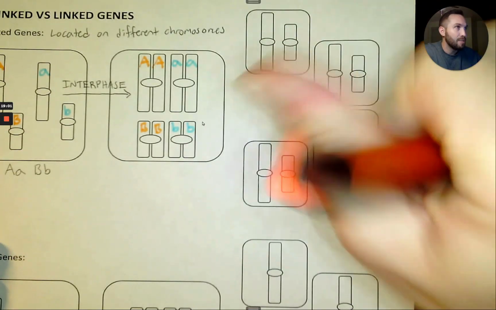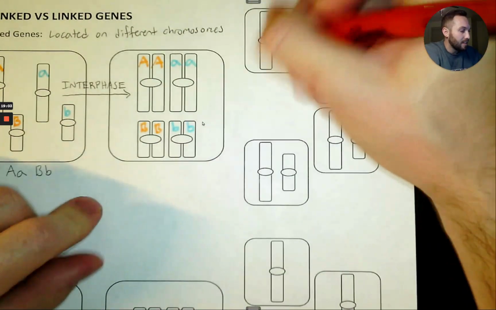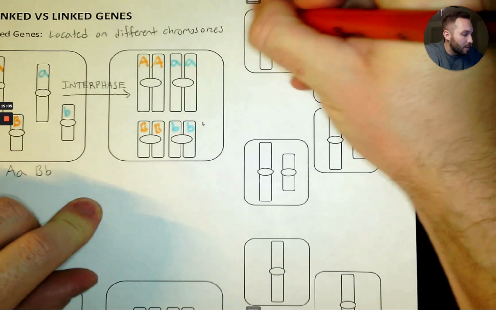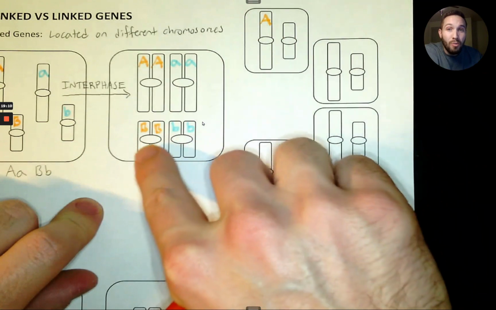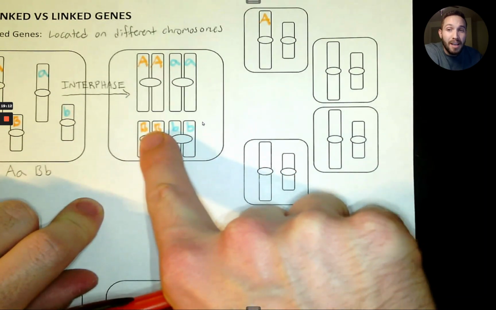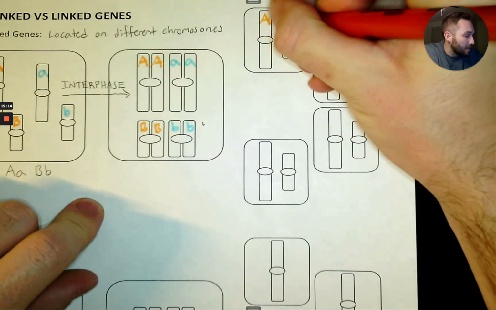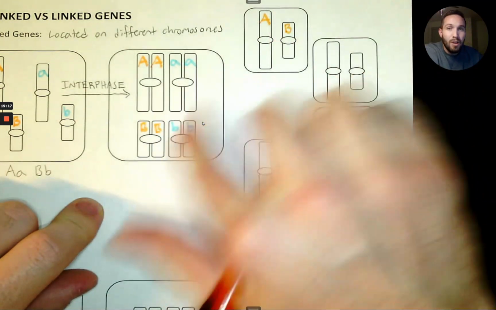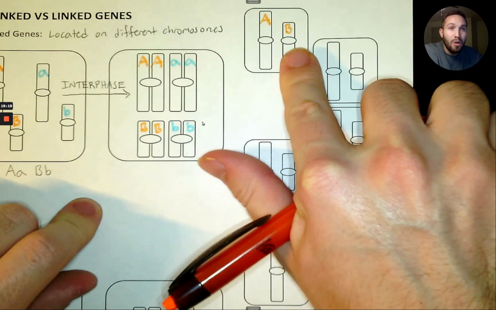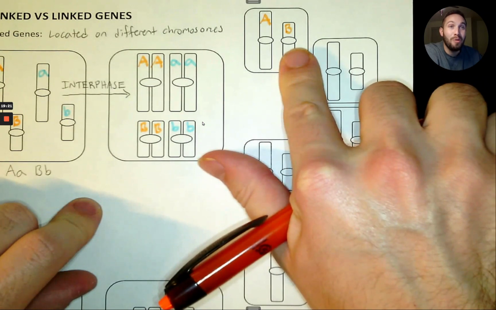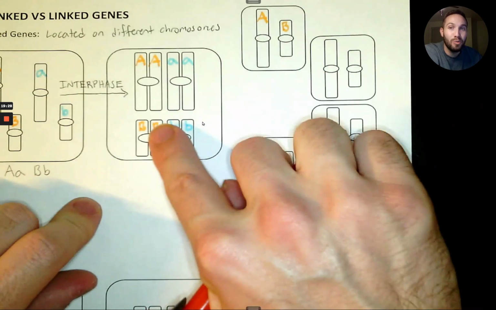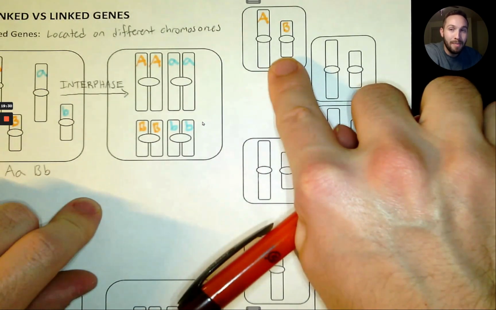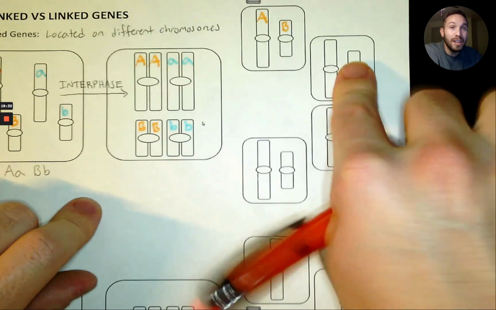So for example, it's possible that this large one that has the dominant allele for A ends up in this daughter cell, along with this small one that has the dominant allele for gene B. Which again, if you don't know why this is leading to that, you need to go and review meiosis. You need to go watch videos or look at pictures that we drew together or the graphic notes or random YouTube videos. You got to be able to visualize why this leads to this in meiosis, or could lead to this. Or it could lead to a different combination.